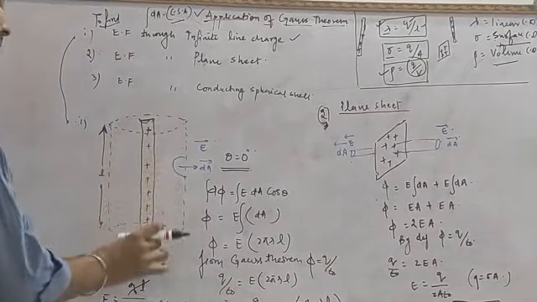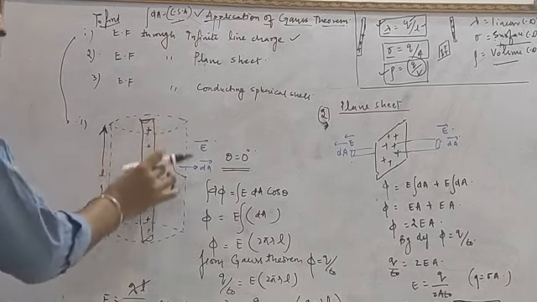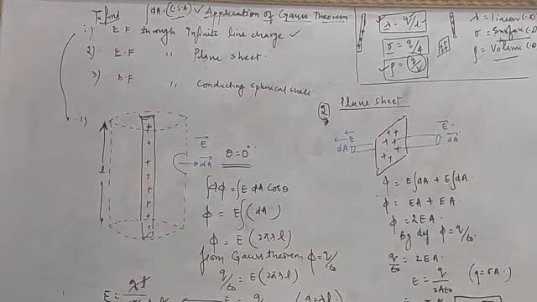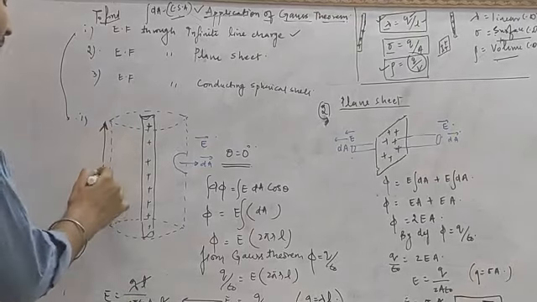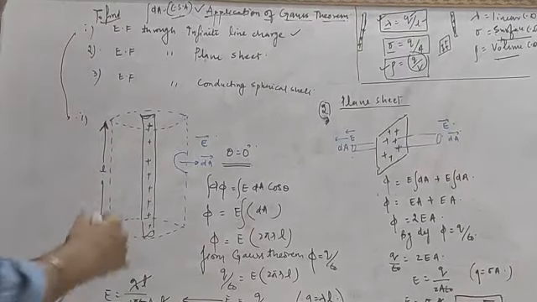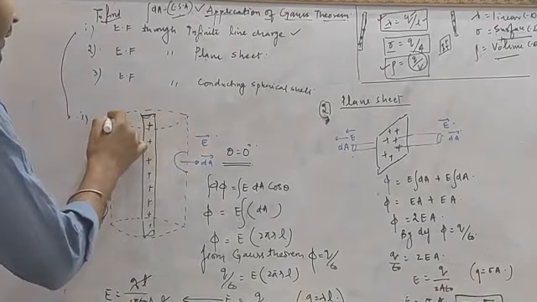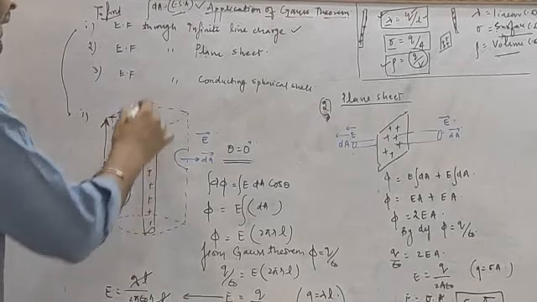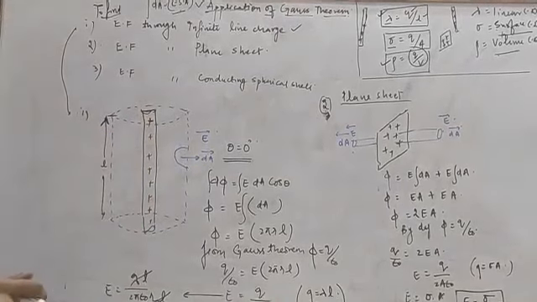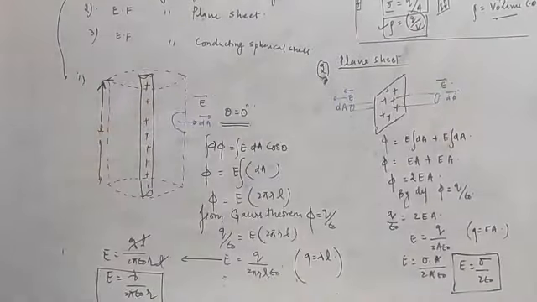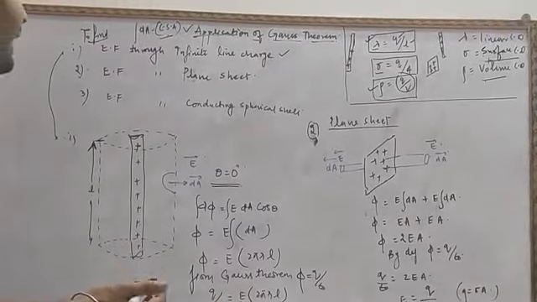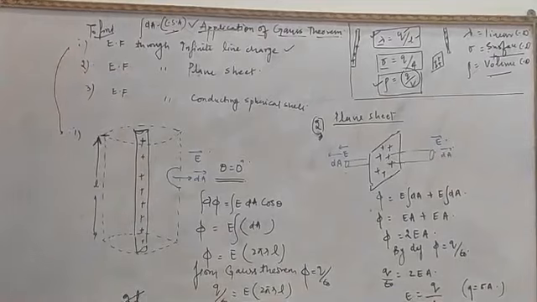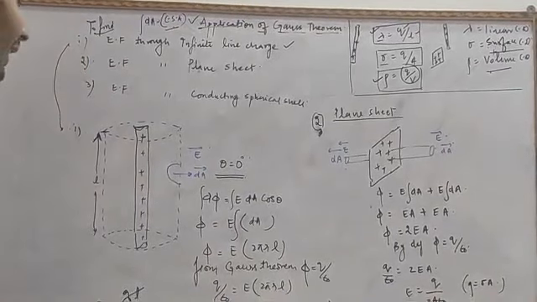We draw a Gaussian surface, shown in blue. Because this is a linear structure, the Gaussian surface will be cylindrical, because the cylinder is the three-dimensional structure for the linear case. For a point charge, we discussed earlier that it is spherical.